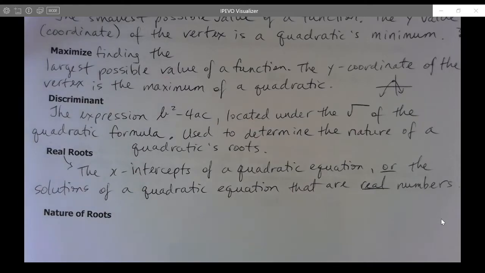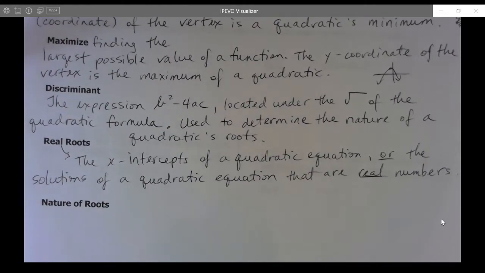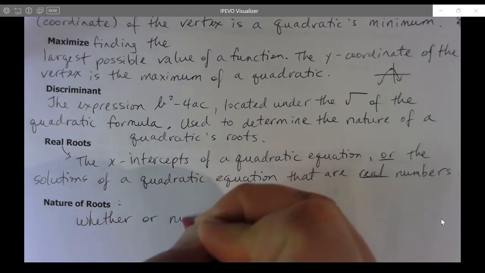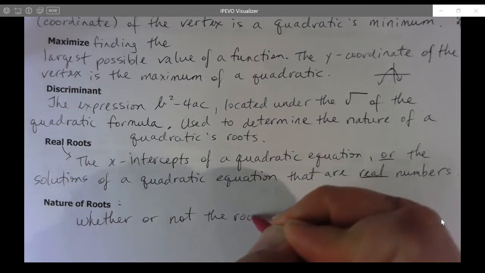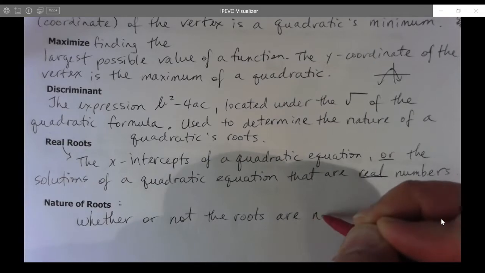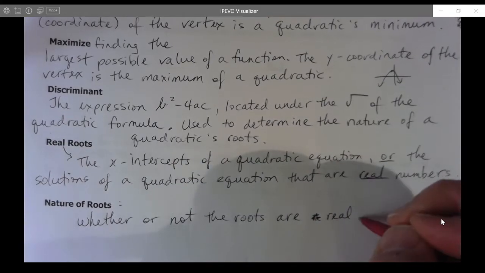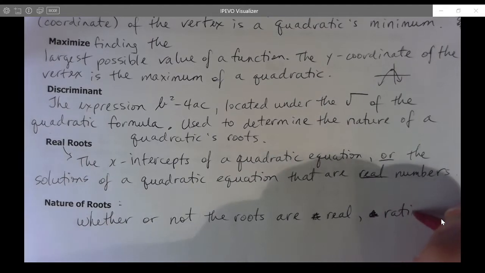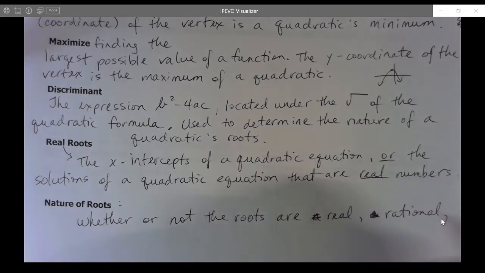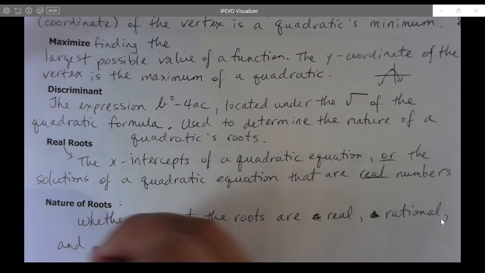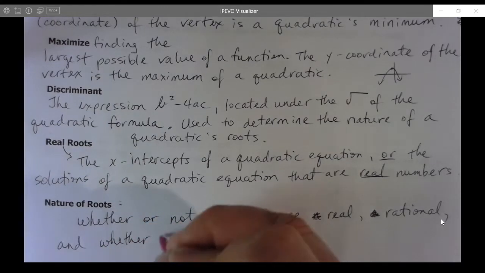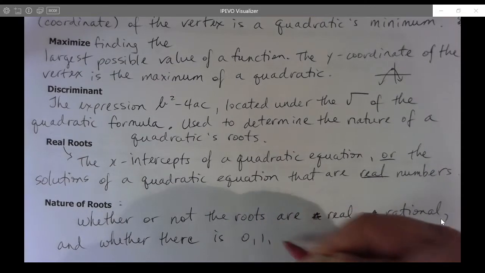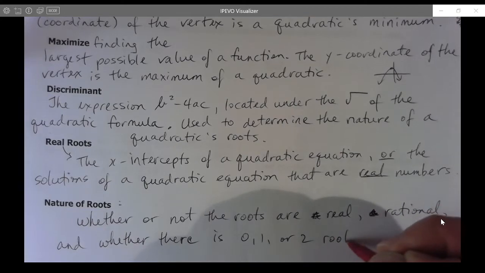And the nature of the roots means basically whether or not the roots are real, rational, and whether there is 0, 1, or 2 roots.